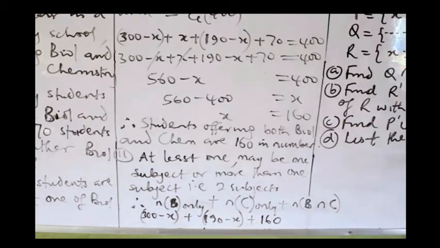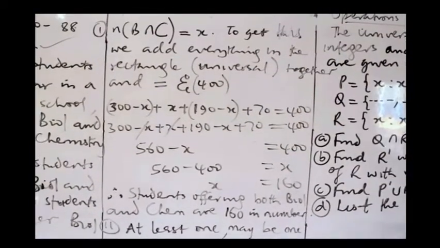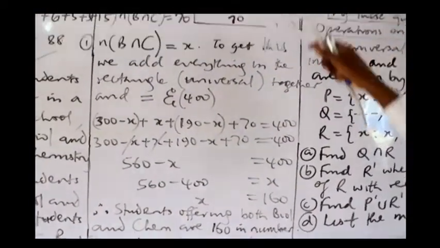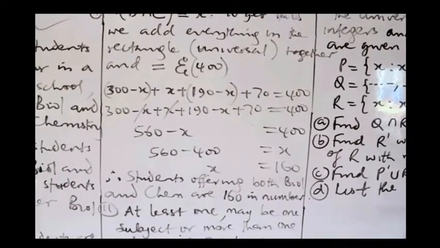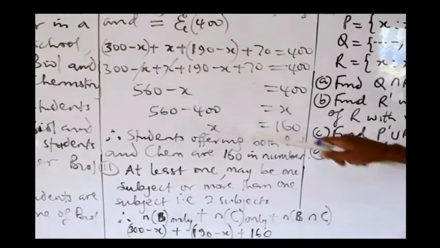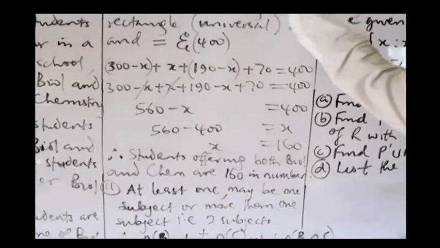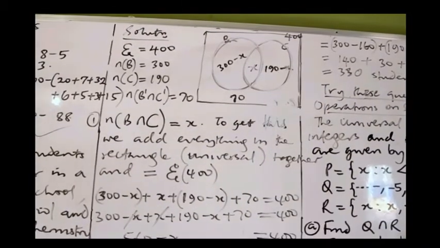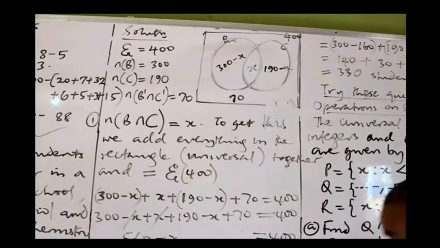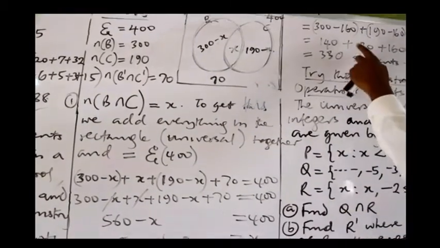People offering biology only, we got it before: it's 300 minus X. People offering chemistry only, we got it before: 190 minus X. Then people offering both, where they are overlapping, we got it before. That is X, which is 160.